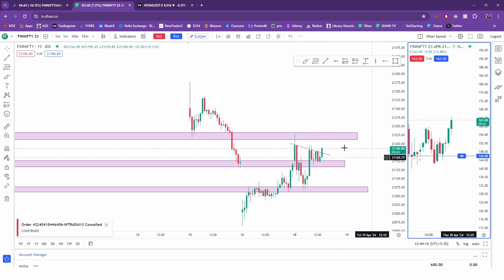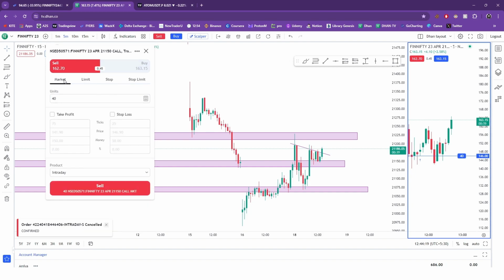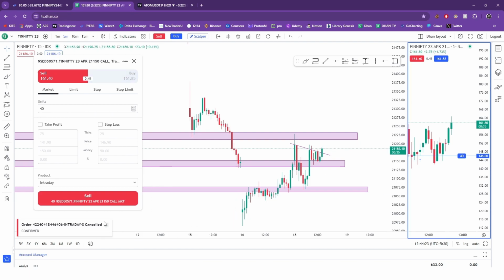Looks like we will have a breakout. Still 40 seconds remaining. If the breakout happens, then we can reach our target easily. If I get more than 800, I will be exiting my trade here. At least I get a minimum of 20 points profit.